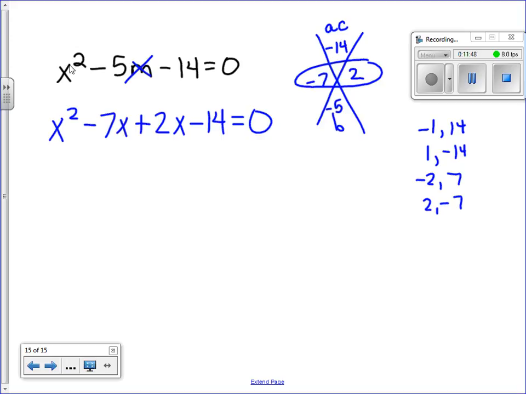Okay. Once I get to there, I group these two together, and I group these two together, and I factor what's there. What can I bring out of both of these terms in the front group? What common factor do both of these have? They both have an x. And what's x squared divided by x?